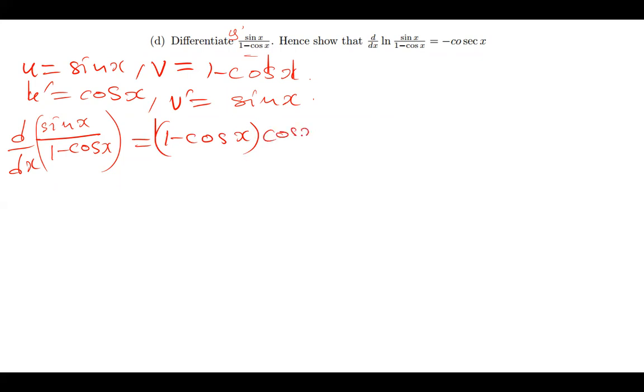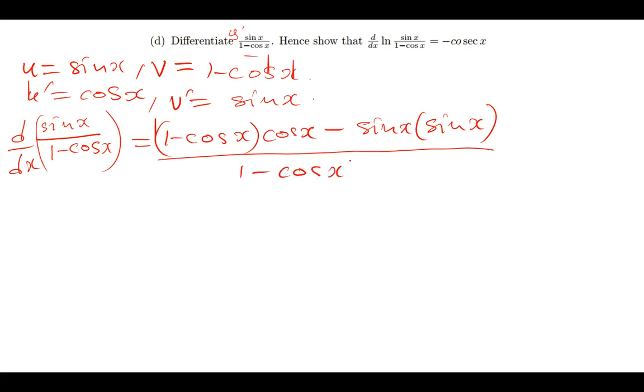And then we say minus our u, which is sine x, multiplied with v prime, which is also sine x. Then we divide everything by v squared. So our v is 1 minus cos x, and then we square this.